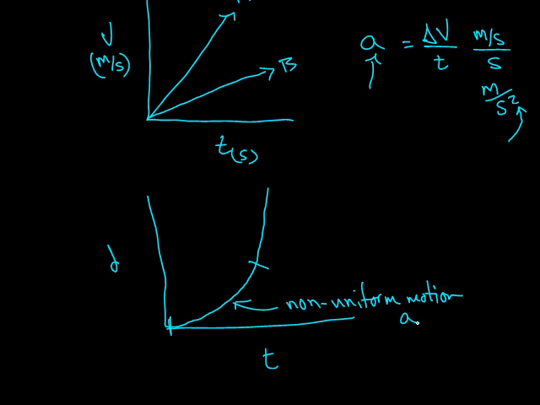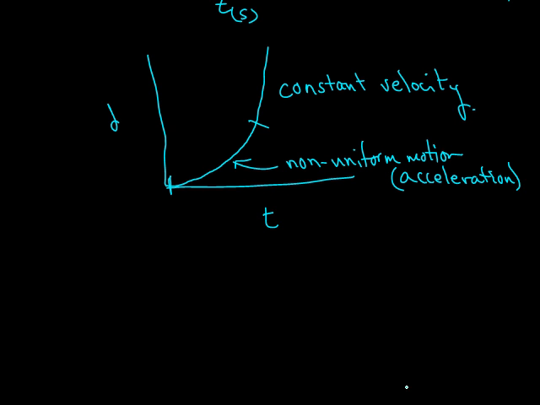Okay, so that's an acceleration. And I tried to draw this one a little bit more linear, let's say constant velocity, just as an example. Okay. All right. What else have we got?